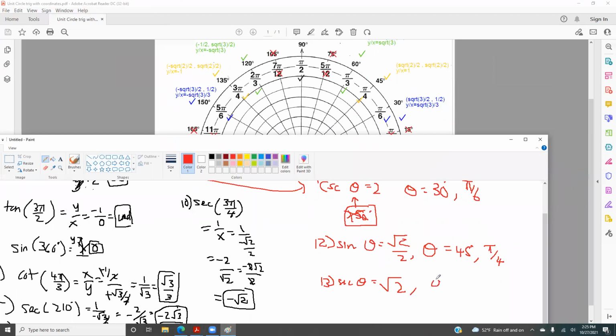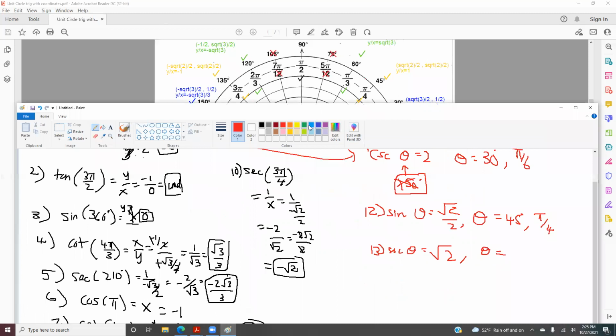What is theta in this case? Because we are not familiar with secant, we can change it to the reciprocal. Does anyone know what the reciprocal of secant is? Sine, cosine, or tangent? Cosine. So cosine theta, and what you do is you just flip this because you reciprocal it. So this is 1 over √2.